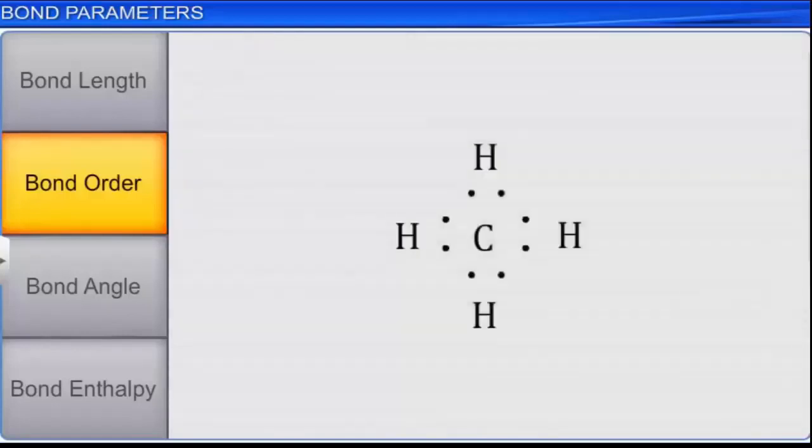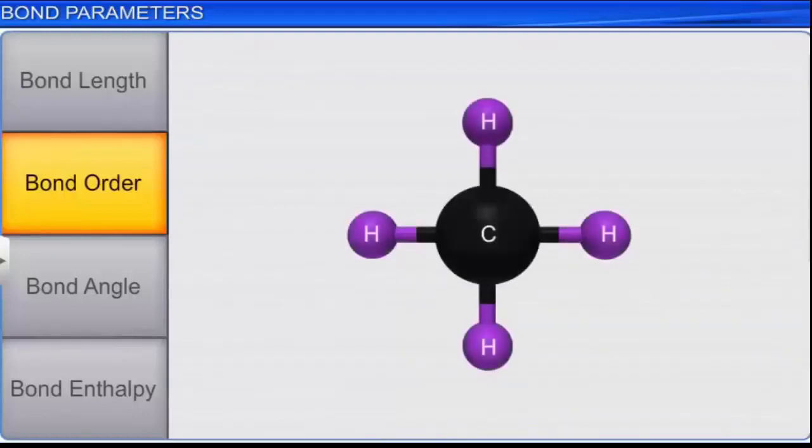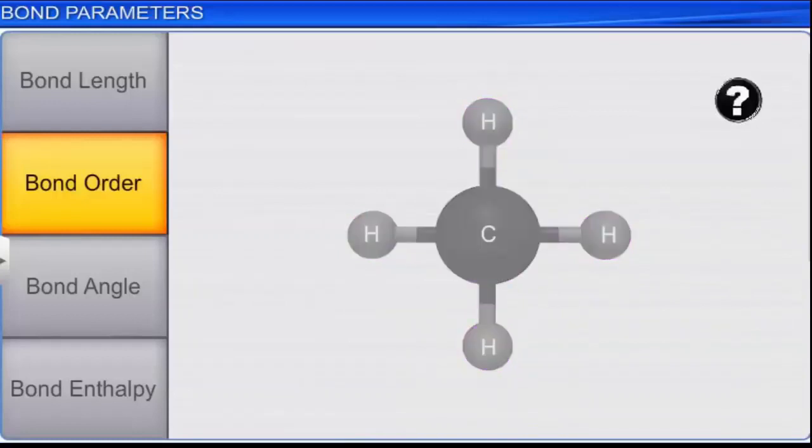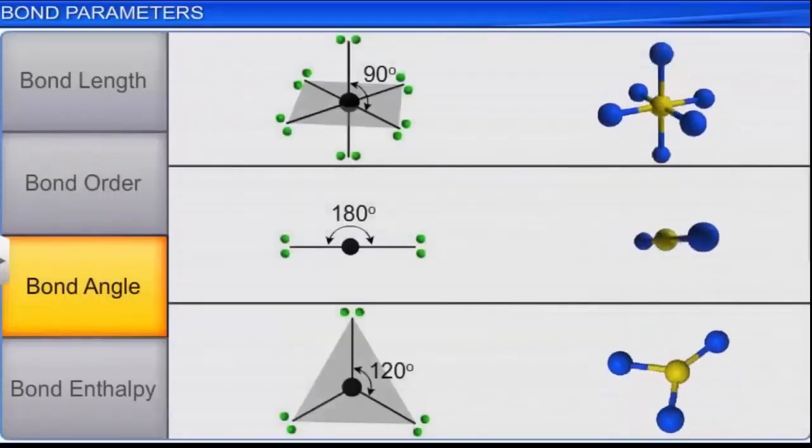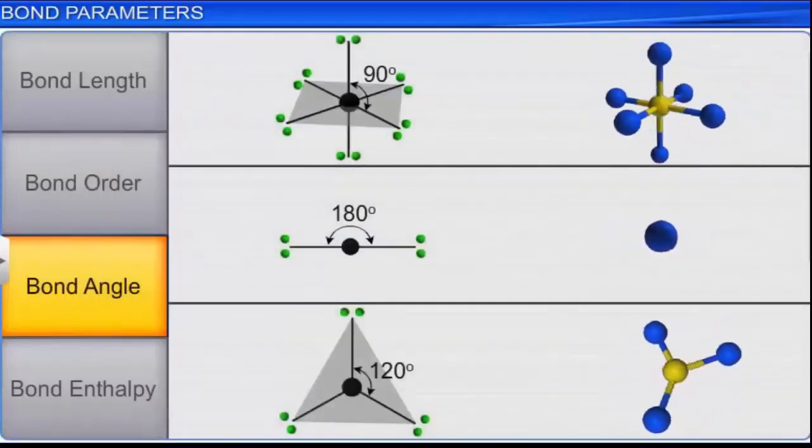From the Lewis dot structure, we get the sequence of atoms in a molecule. But what about its structure? For this, we need to look at the next bond parameter, bond angle. It helps us create a three-dimensional structure of the molecule around the central atom.